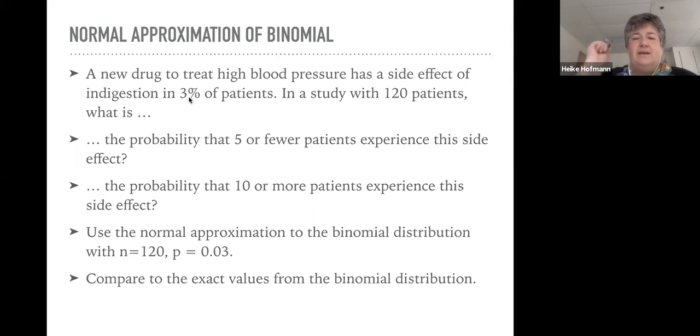So another way to go about this is to use a normal approximation to the situation and assume that we are dealing with a normal distribution with parameters. What's mu? Mu is 120 times 3%, so I need a calculator. 3.6. So n times p is a bit less than 5.